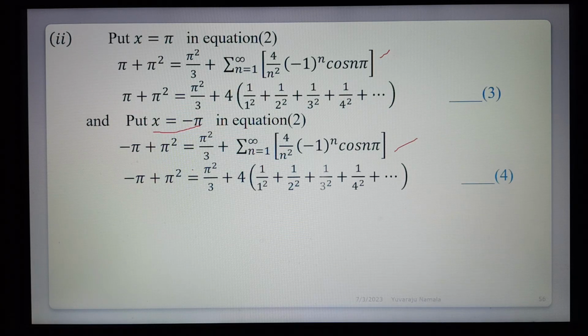So now simplification: minus pi plus pi squared is equal to pi squared by 3 plus, expanding, 4 into 1 by 1 squared plus 1 by 2 squared plus 1 by 3 squared plus and so on.